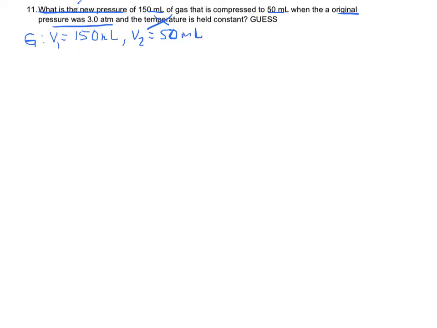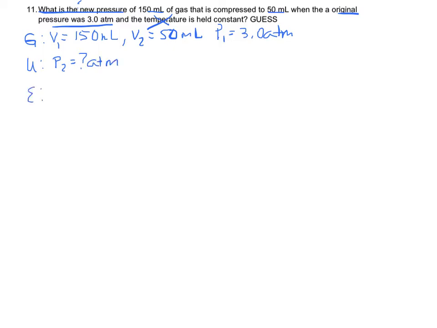And the original pressure, that means P1, is 3.0 atmospheres. Which means, if we look at our question, what is the new pressure? Our unknown is our final pressure, P2, and it's going to be in the same units, atmospheres.